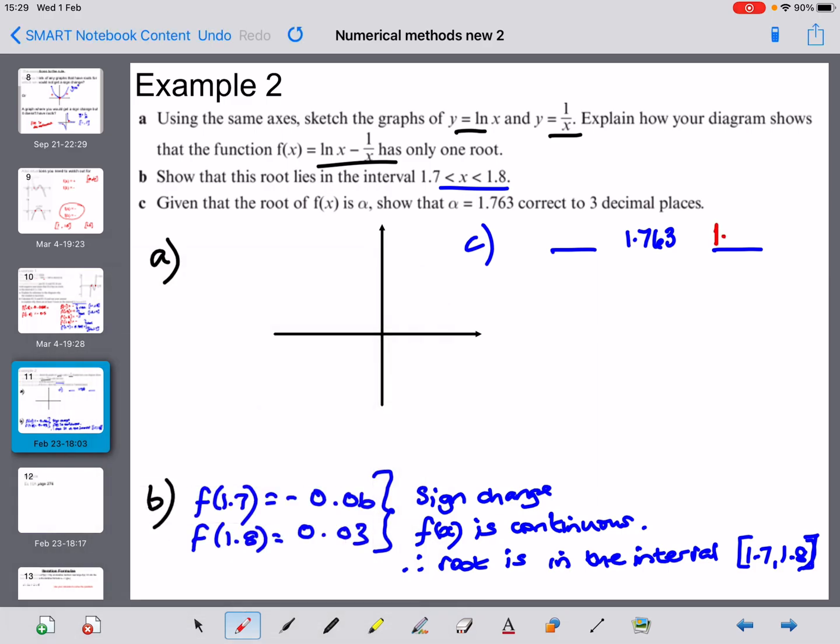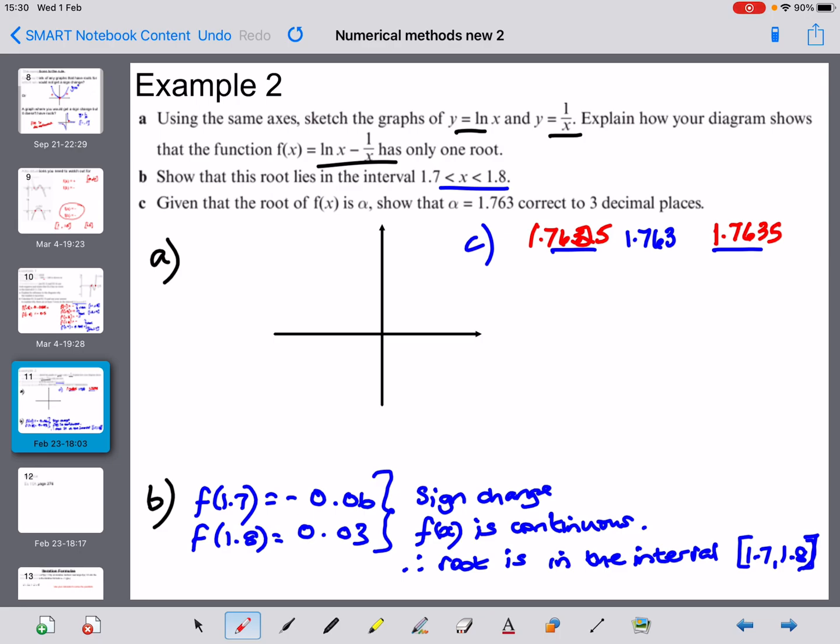So we're going to substitute 1.7635 and 1.7625. If we can get a sign change in that interval, then both of those numbers round to 1.763. Remember, it's a bound, so don't be thinking it's going to round to 1.764. It's an upper and lower bound for a continuous set of numbers.